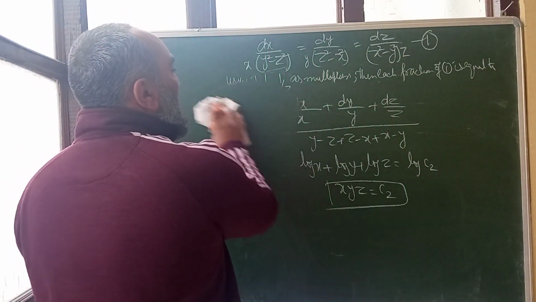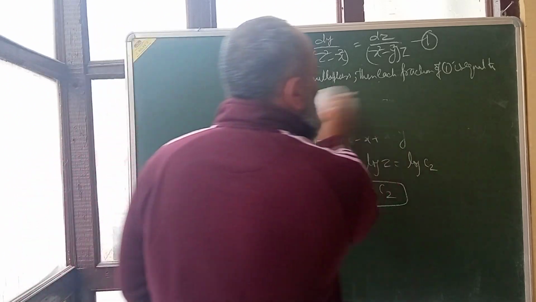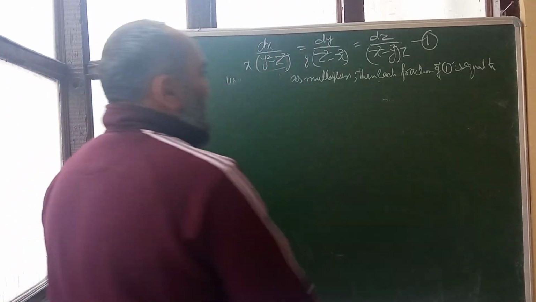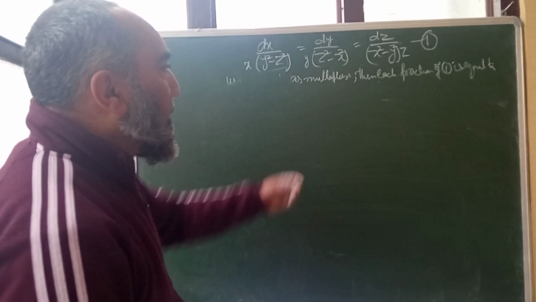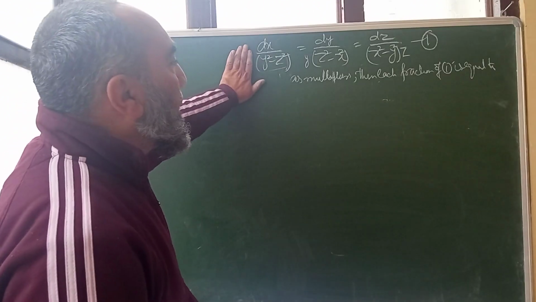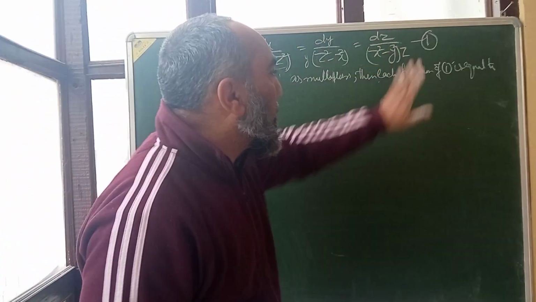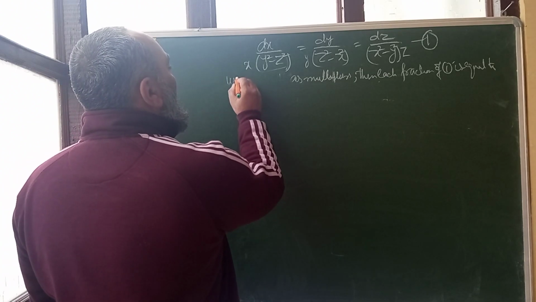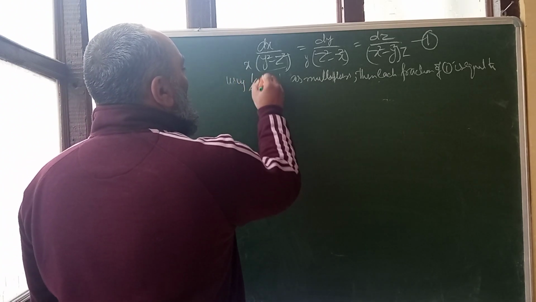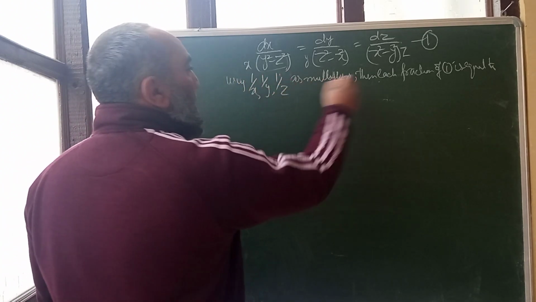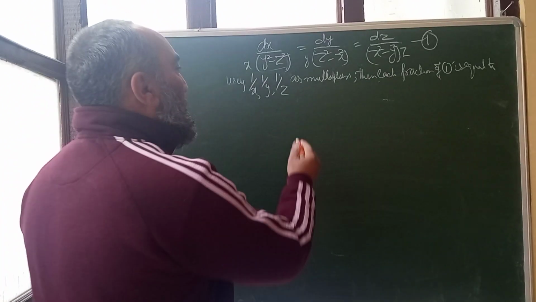So what will you do? First of all, take x from here, y from here, z from here. Use 1 by x, 1 by y, 1 by z as multipliers. Then what is each fraction equal to?